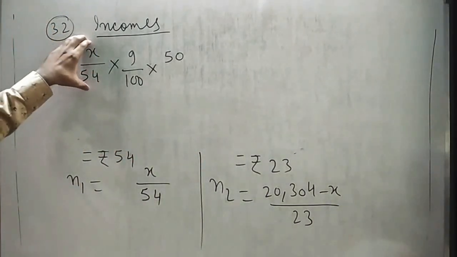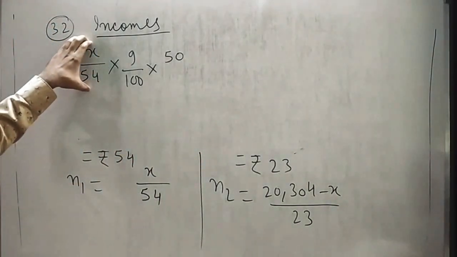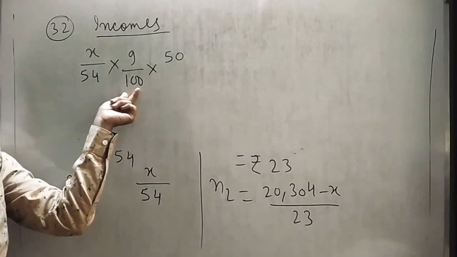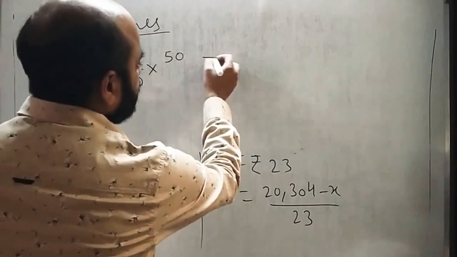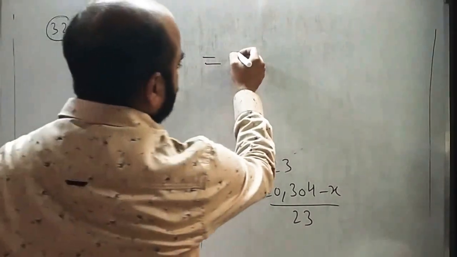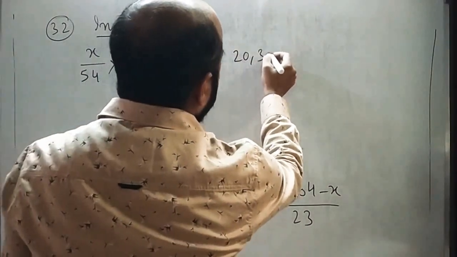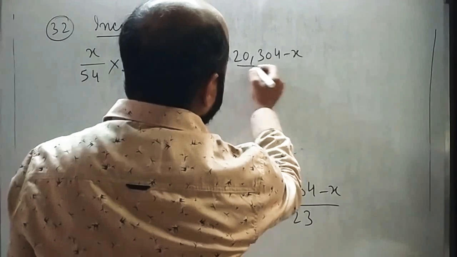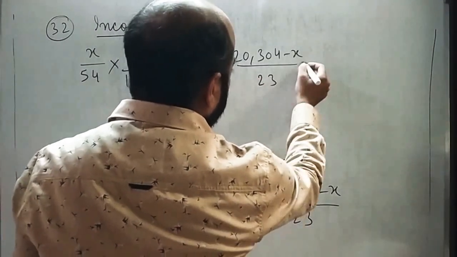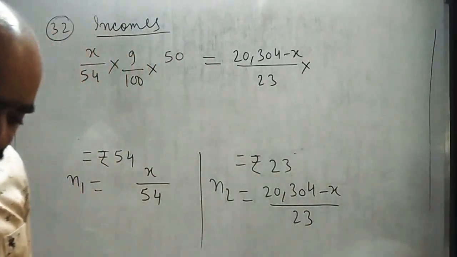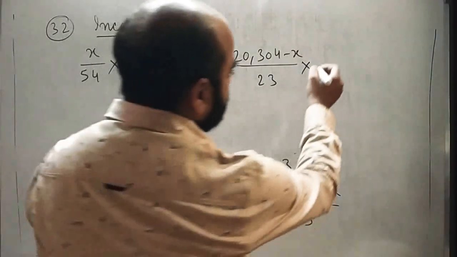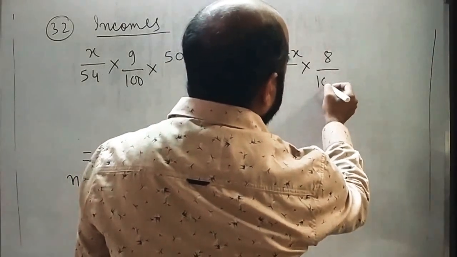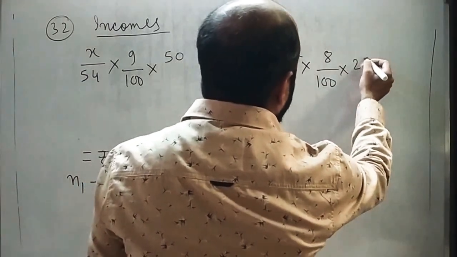So first income, number of shares X upon 54, then percentage dividend 9%, face value 50. In the second case, number of shares 20,304 minus X upon 23 into percentage dividend is given 8% rupees 25 shares. It means 8% of face value is 25.